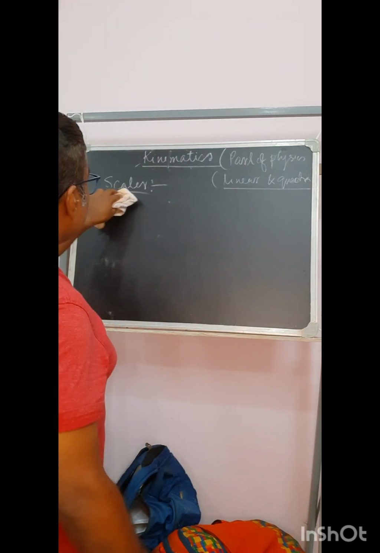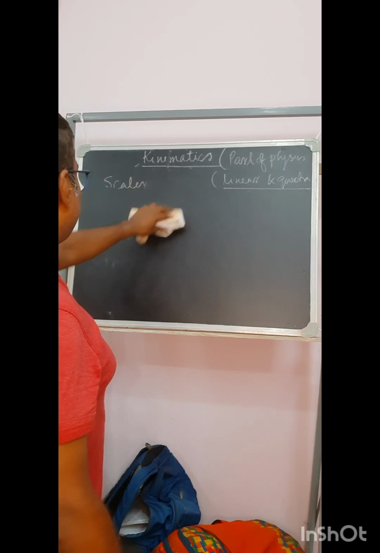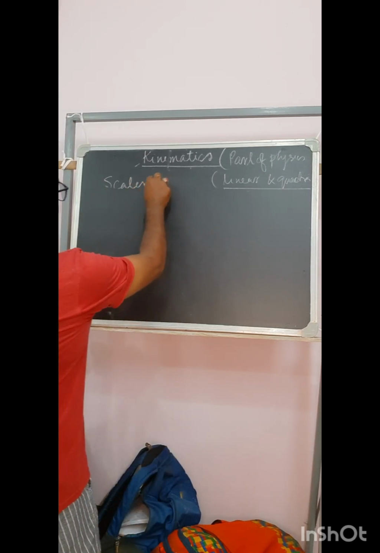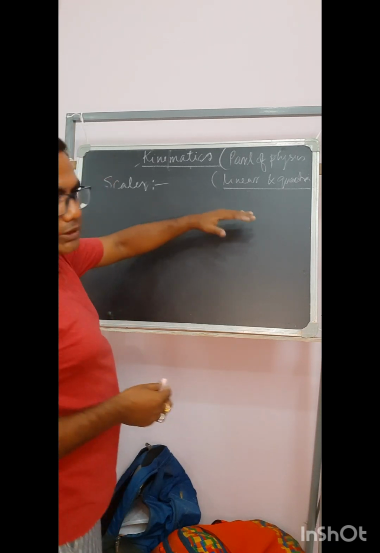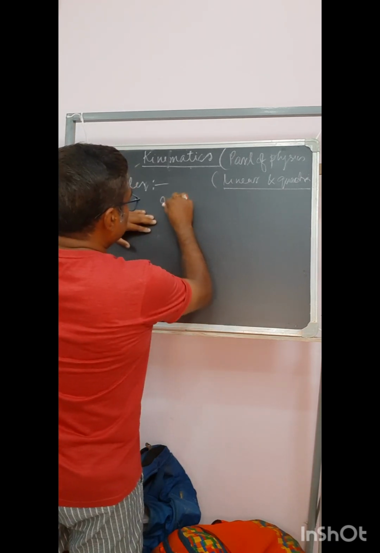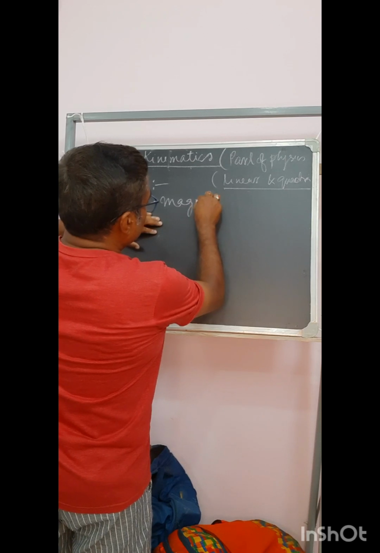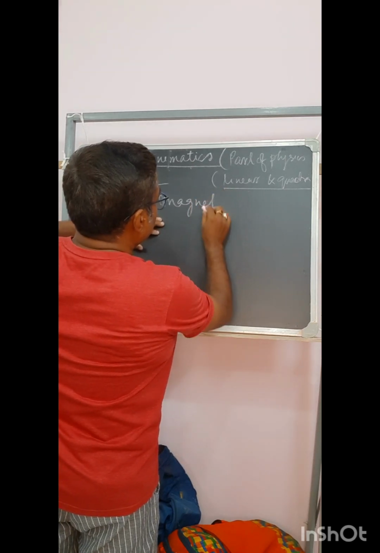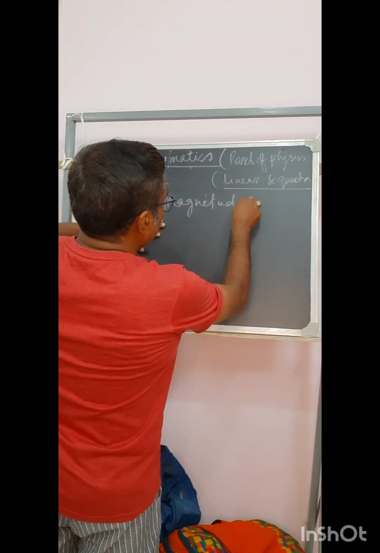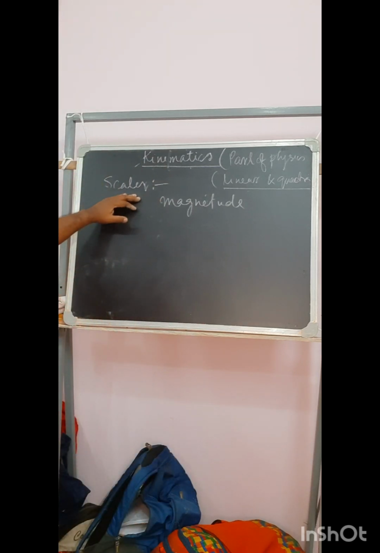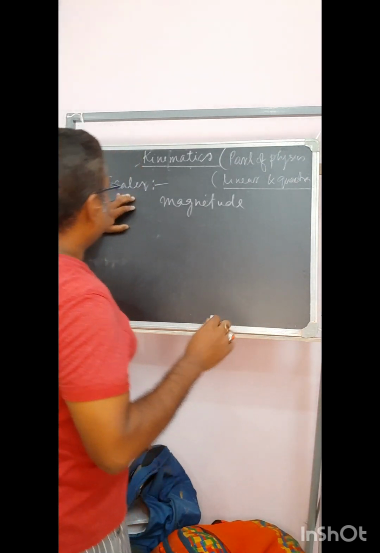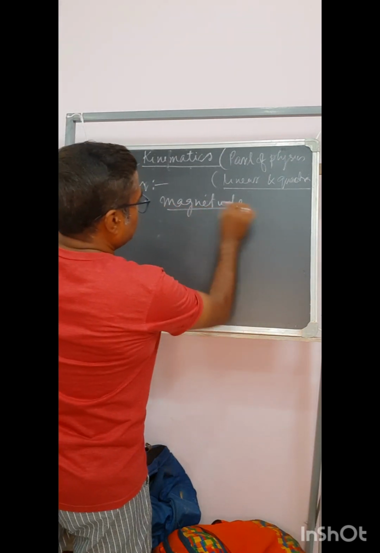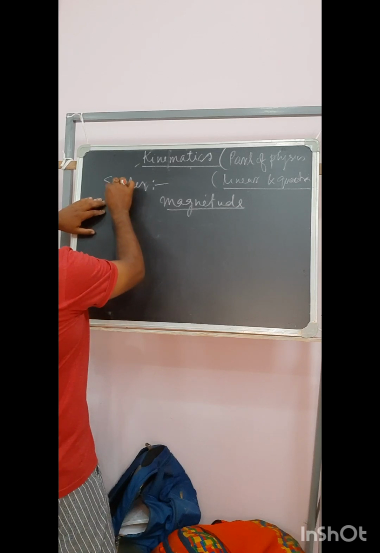Now there are two varieties of quantity. One is scalar. As I was saying, a quantity must have a magnitude. The quantity which has only the magnitude is a scalar quantity.